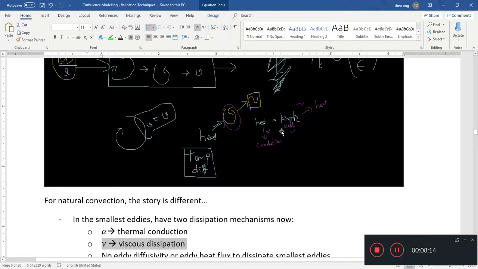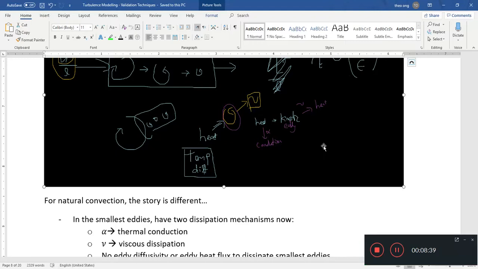And of course, when you convert this kinetic eddy energy back into heat energy, the heat energy is at a lower temperature, right? For this, the heat energy is at a higher temperature. For here, the heat energy is at a lower temperature. They are all heat energy, but they are at different temperatures here.